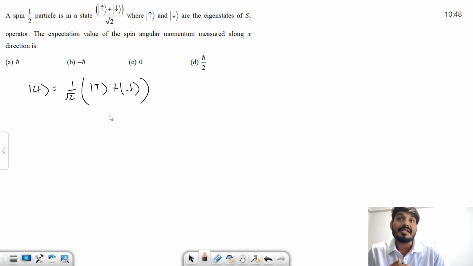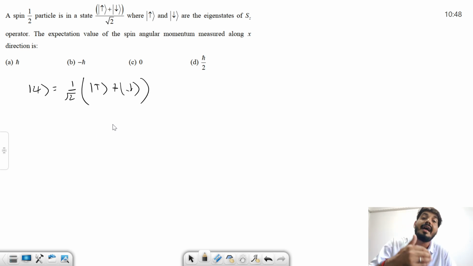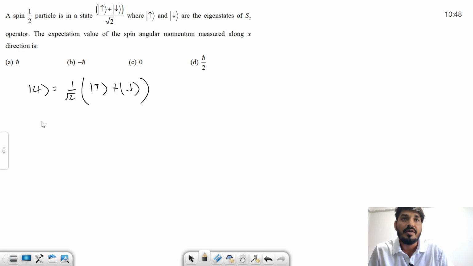Are the eigenstate of Sz operator, the expectation value of spin angular momentum measured along x direction? What do we have to find out? Expectation value along the x direction. That means we have to find out the expectation value of Sx.